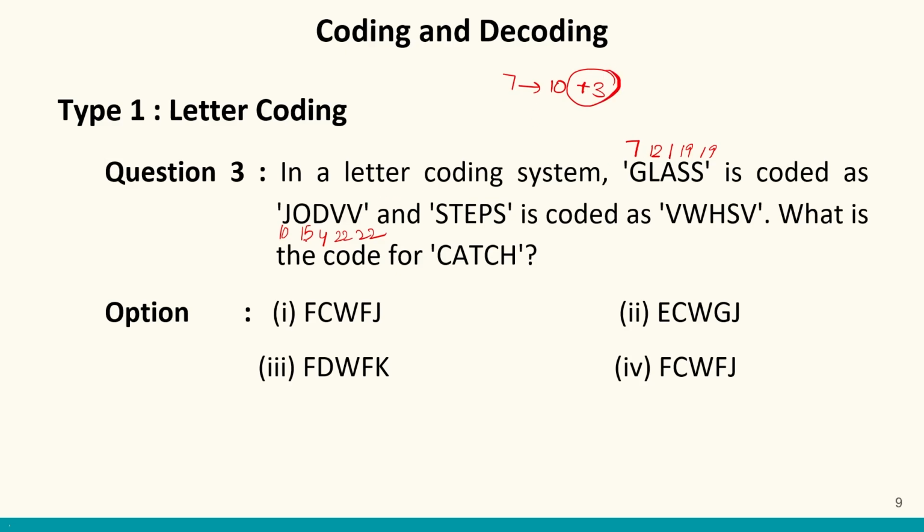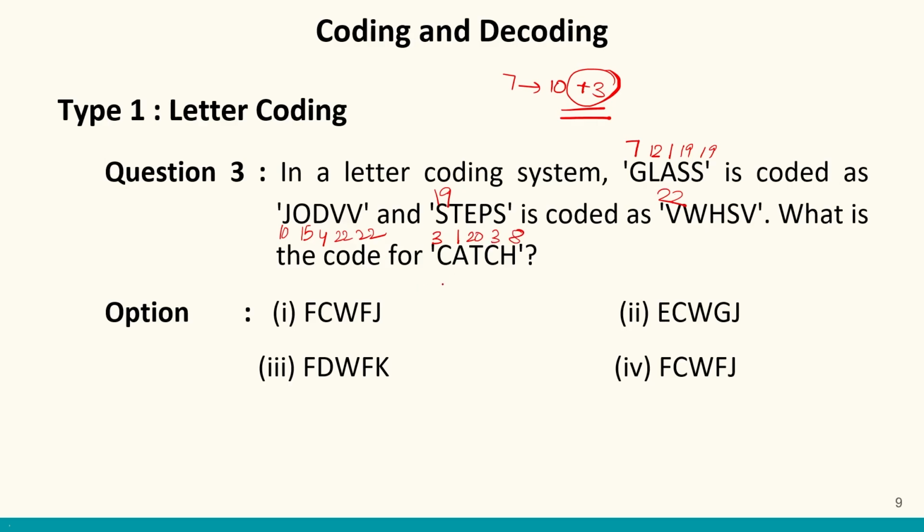Similarly, 12 to 15 is also addition of 3 positions. From 1 to 4 is also addition of 3 positions. So I can clearly see that we are moving 3 positions forward. Let us recheck it for the last letter. S is coded as 19 and V is coded as 22. So here also I can see that we are moving 3 positions forward. We'll do the same thing for catch. C is 3, A is 1, T is 20, C is 3 and H is 8.